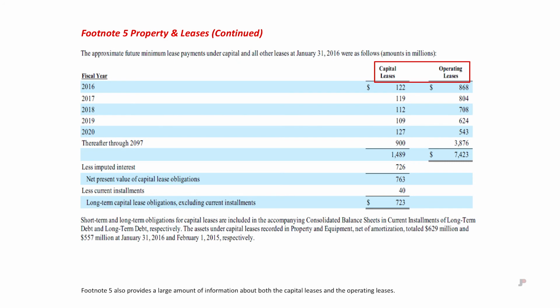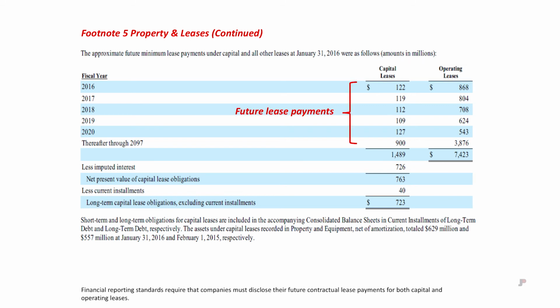Footnote 5 also provides a large amount of what we will find to be very useful information about both the capital leases and the operating leases. Financial reporting standards require that companies must disclose their future contractual lease payments for both capital and operating leases.